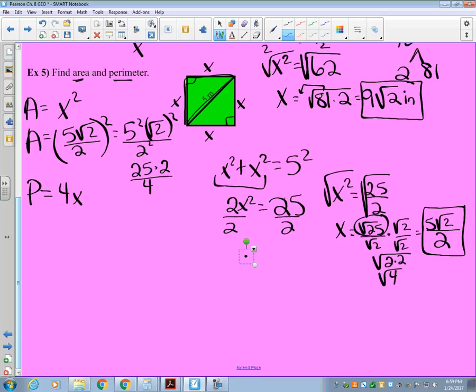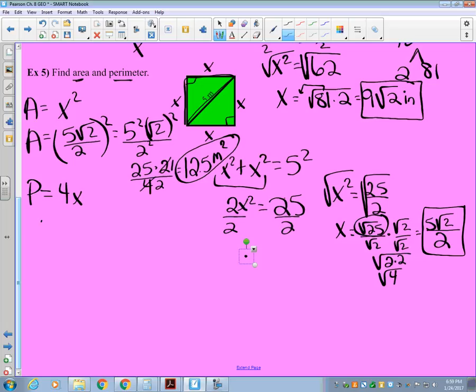Now we simplify. We have 2 goes into 4 twice, 2 goes into 2 once, and our final answer is 25 over 2, which reduces to 12.5 meters squared.